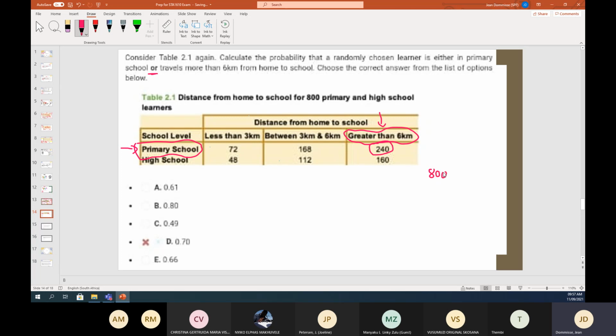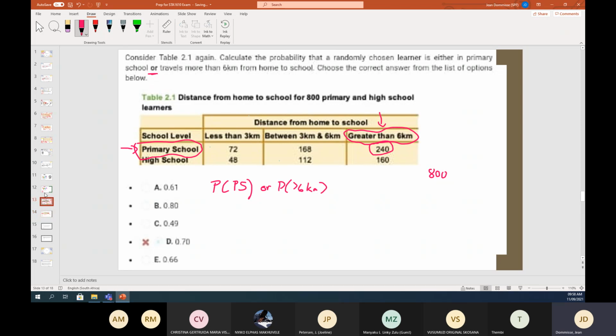So it's not that. It is: what is the probability that the learner is in primary school or is greater than 6 kilometers?